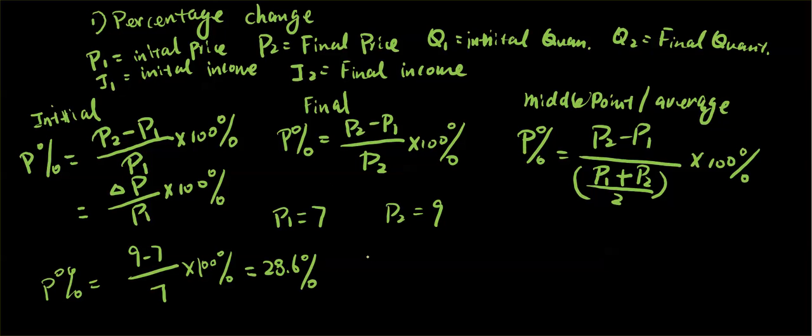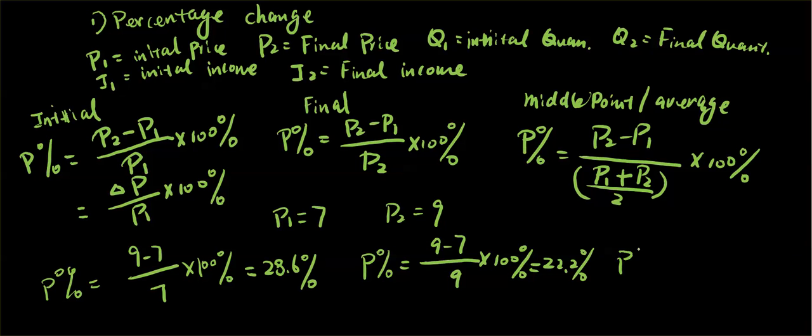How about the second approach? We still use 9 minus 7, but instead of dividing by 7, we divide by 9, because that is the final price, times 100%. You know what we get? We get 22.2%.